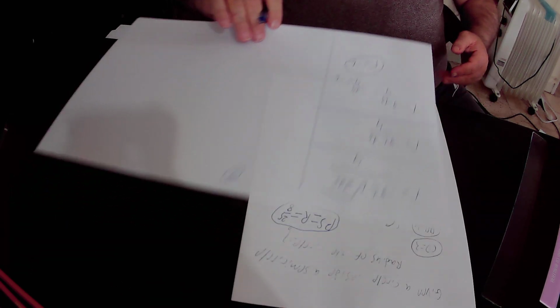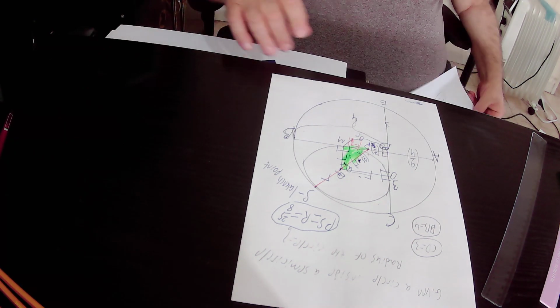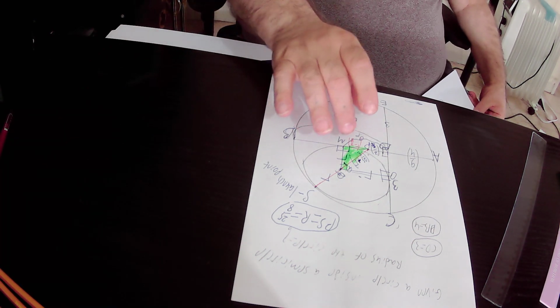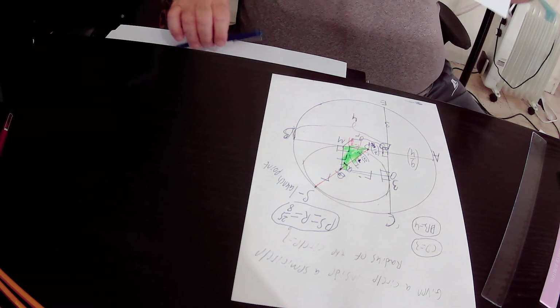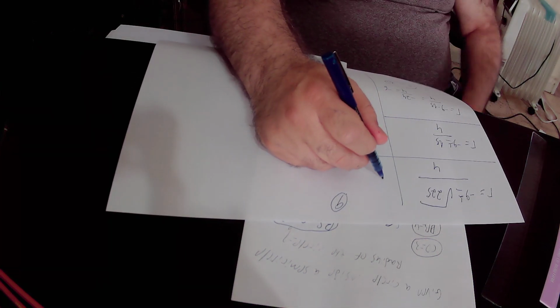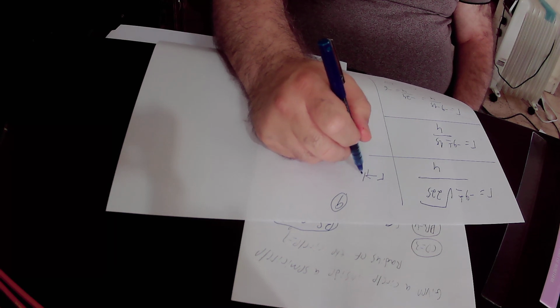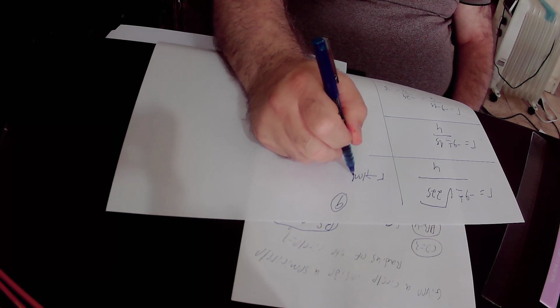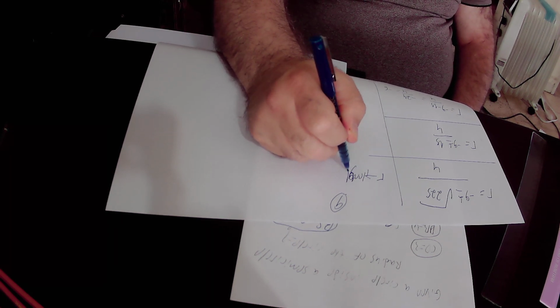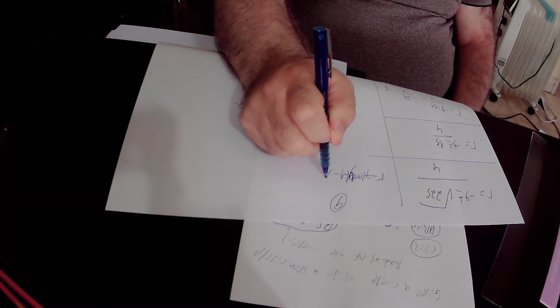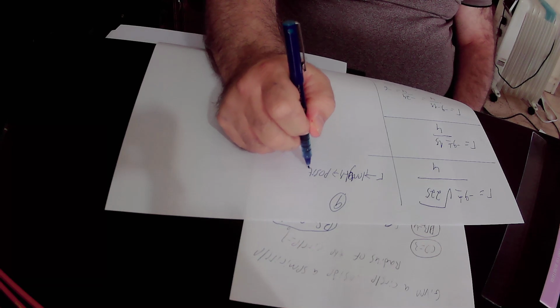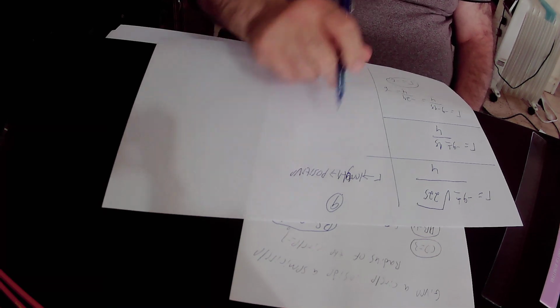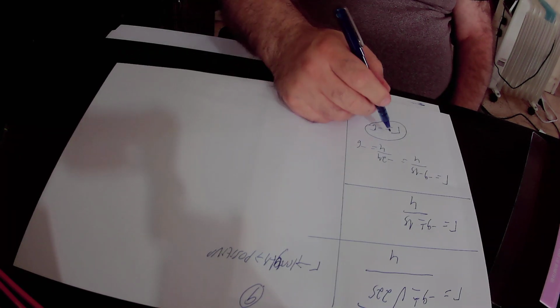But here r is the length of the radius of this small circle. So r is a length, and as a length it must be a positive number. Therefore, r can never be equal to minus 6.